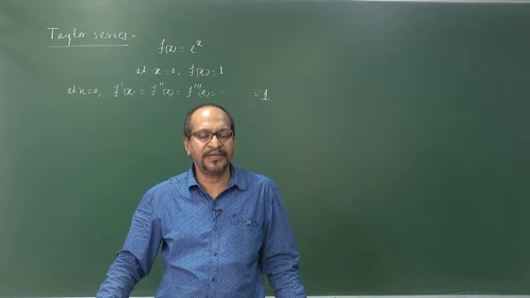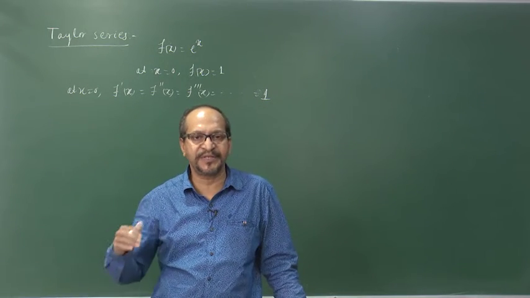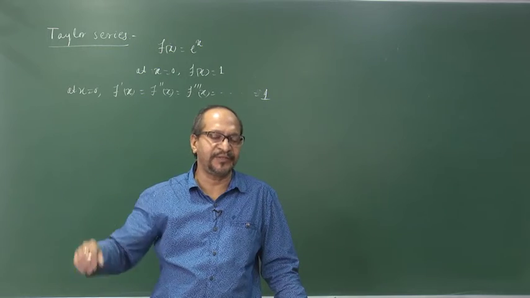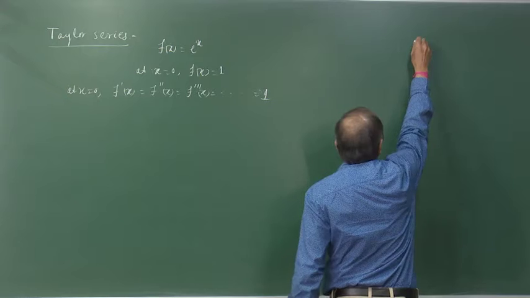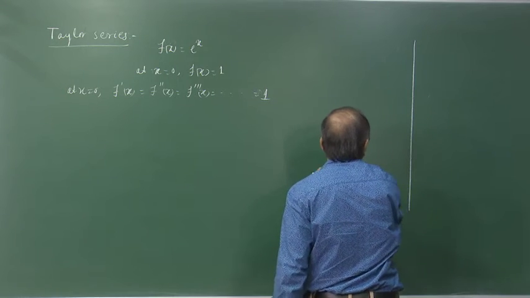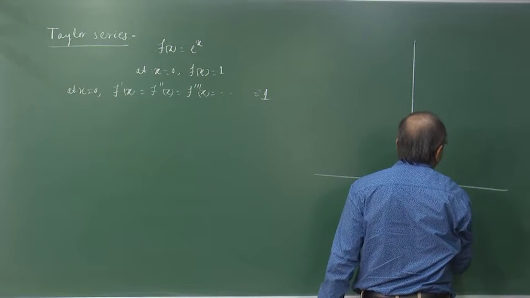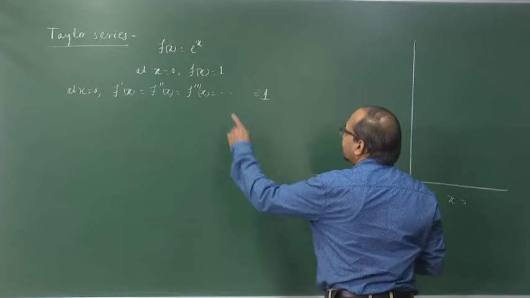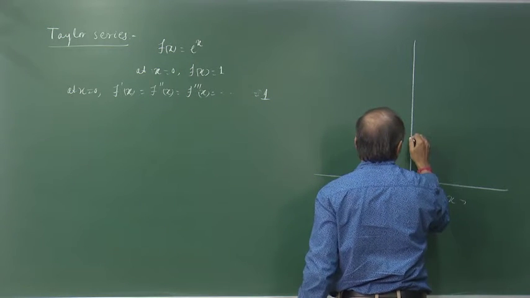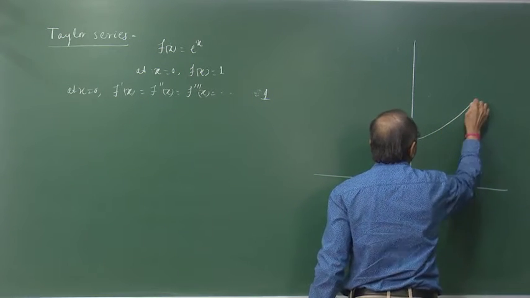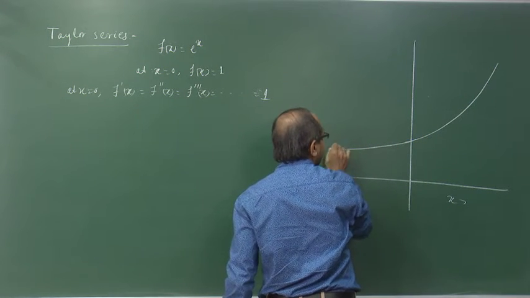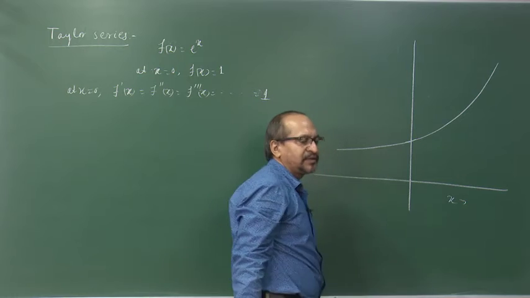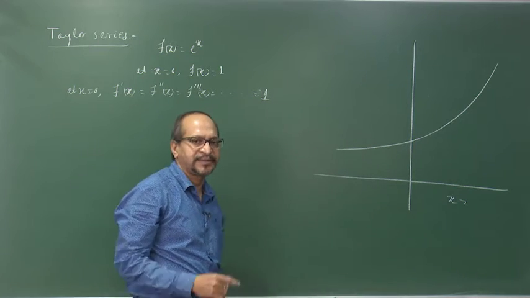We will proceed step by step from finite to infinite terms. Let us first draw this e to the power x curve. At x is equal to 0, it is 1. So the curve is like this. This is our e to the power x function.